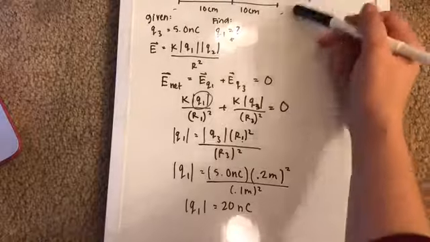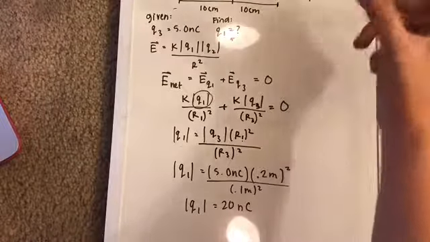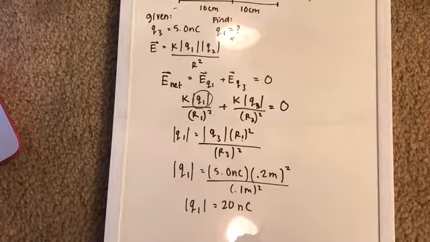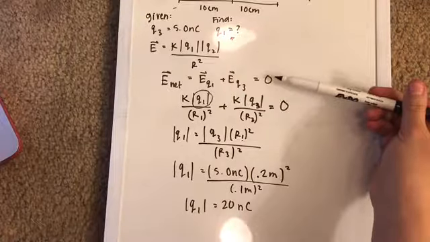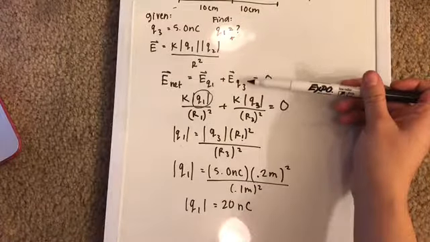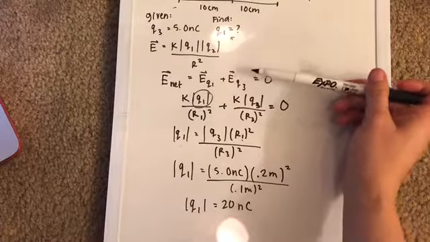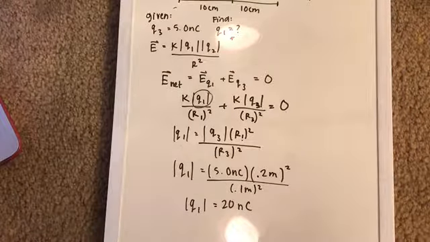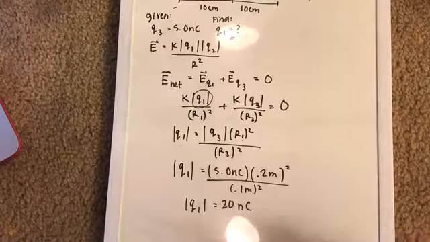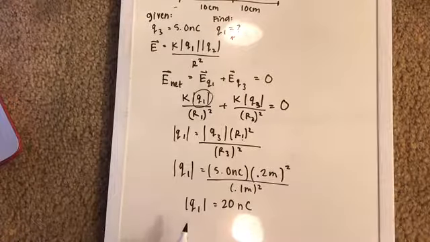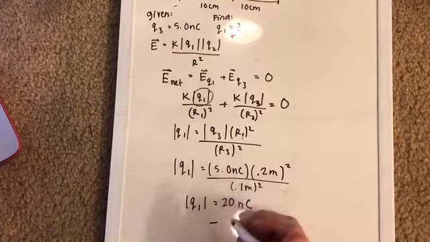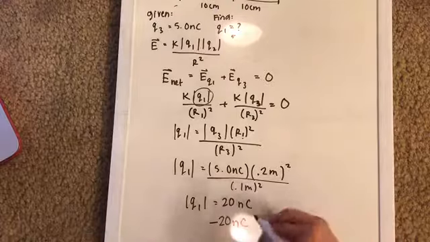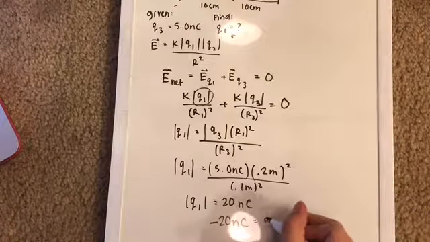So we can look back up at our figure and see that Q3 is positive, and in order for this equation to work out, we know that the electric field for Q3 is going to be a positive number because of the positive point charge. We can infer that Q1 is negative. So then we get negative 20 nanocoulombs for Q1.